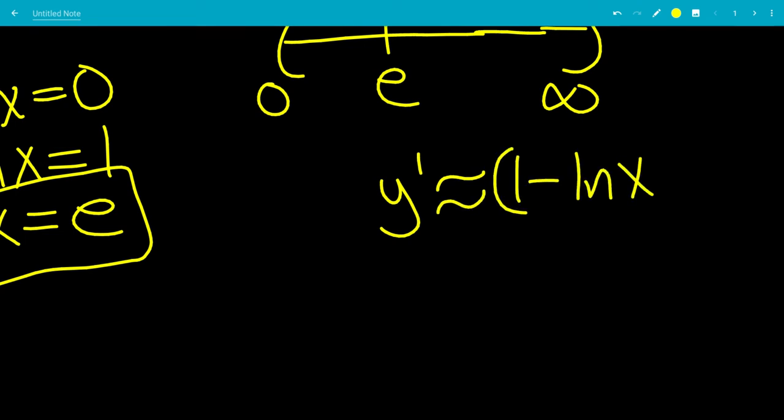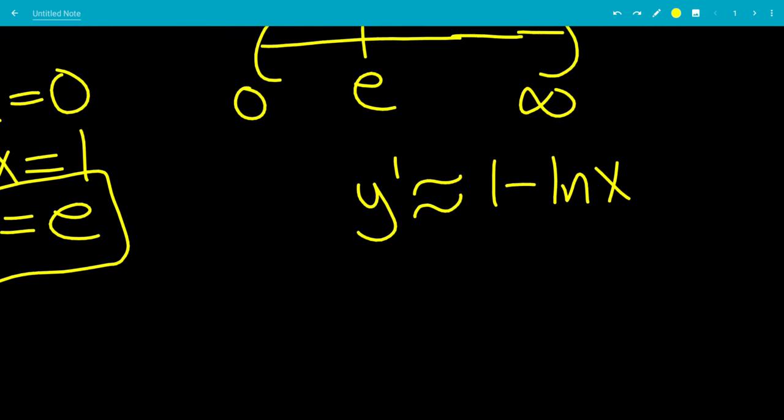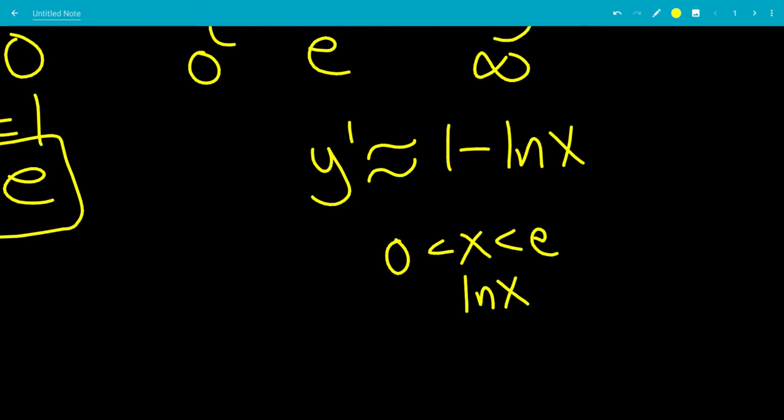If x is between 0 and e, ln x will be between 1 and negative infinity, so 1 minus ln x will always be positive.